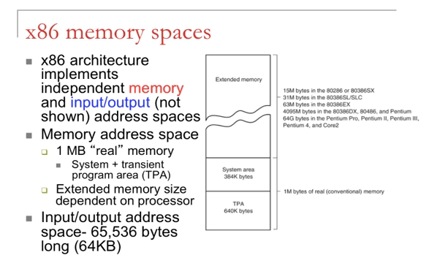Okay, now we're going to look at the big thing in the memory of x86, the segment. x86 has a so-called memory space, which is shown on the right side.